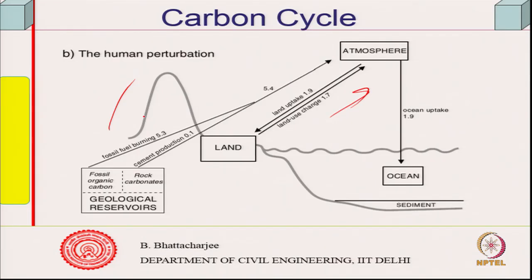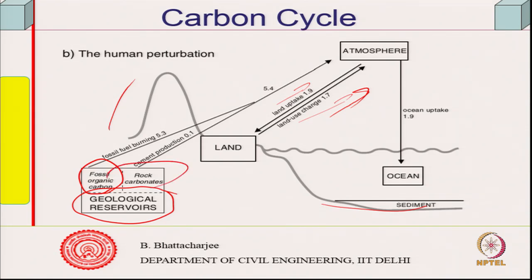You see the land area is somewhere there, ocean, right. If you see land use change, land uptake is 1.7, okay. Mainly two places from where carbon dioxide comes. One is fossil fuel, which you are taking from geological reserves.